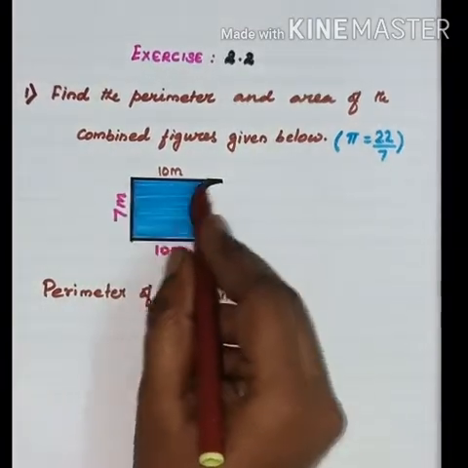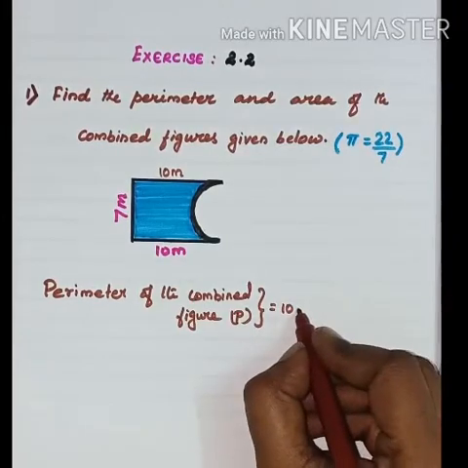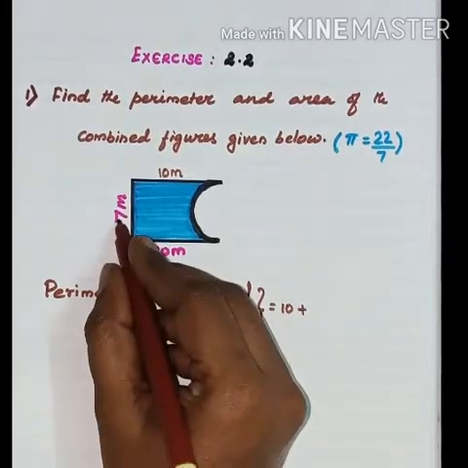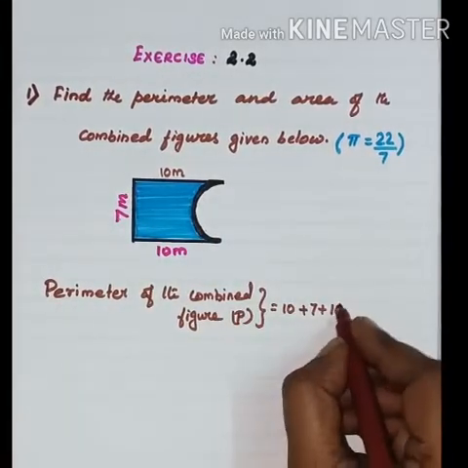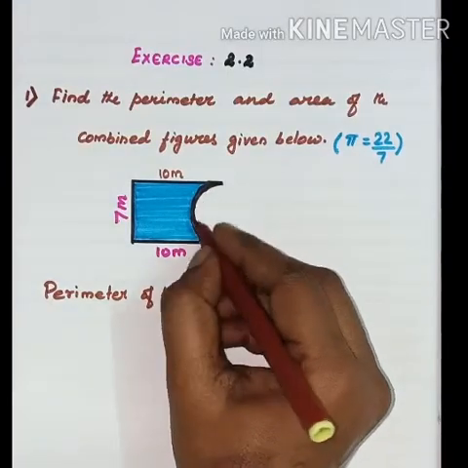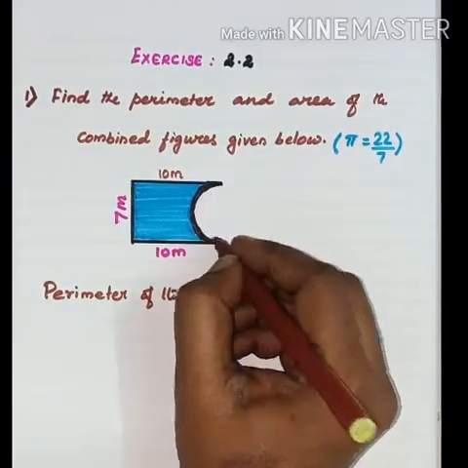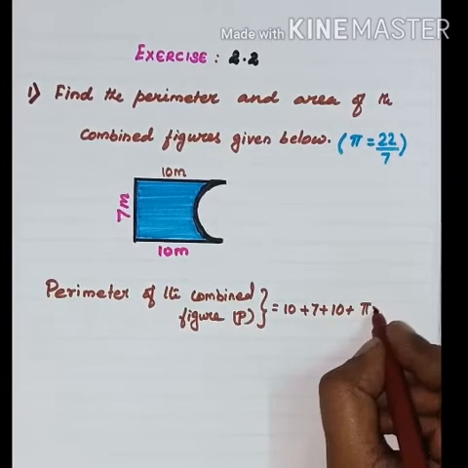Perimeter means adding the boundaries. 10 plus 7 plus 10 plus the curved part, that is nothing but pi r.